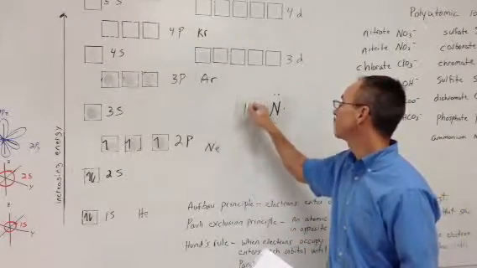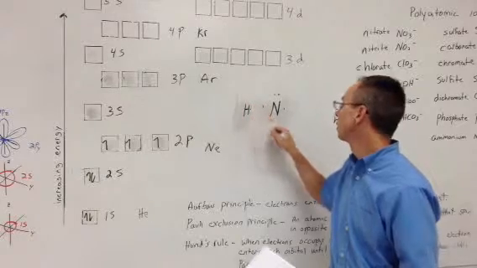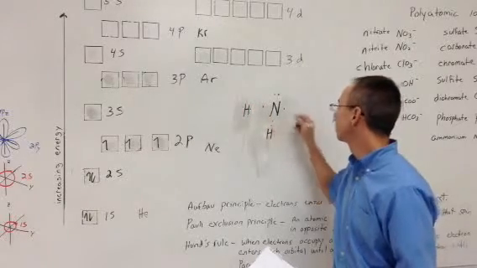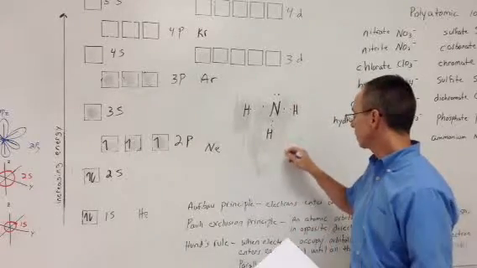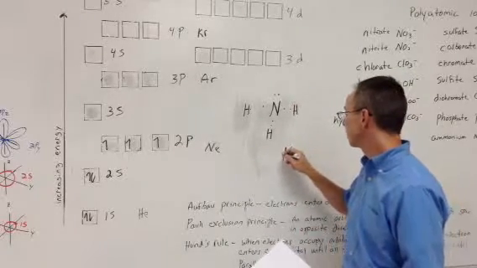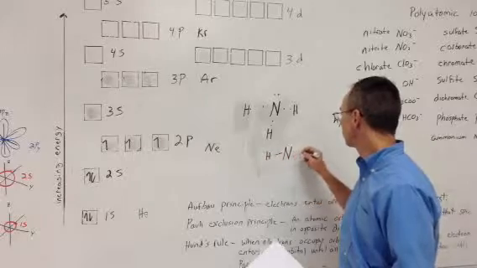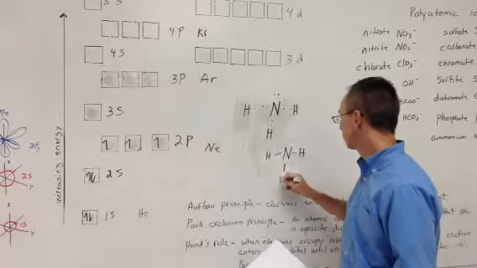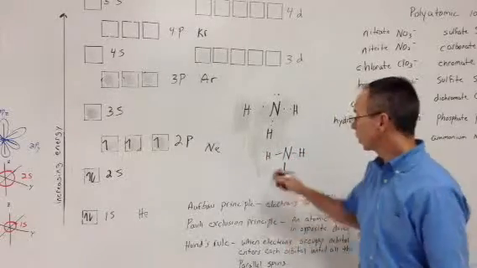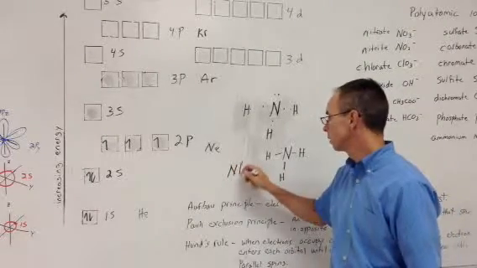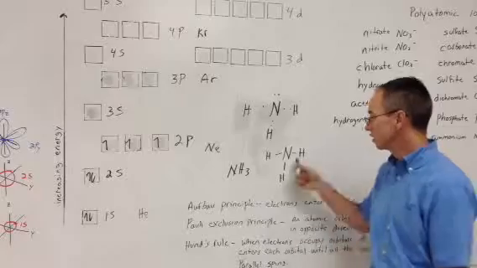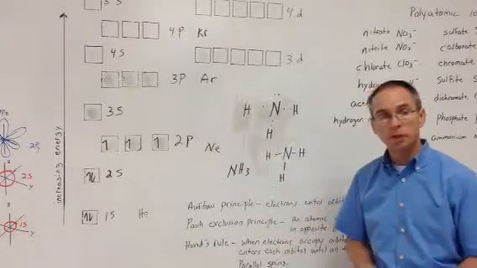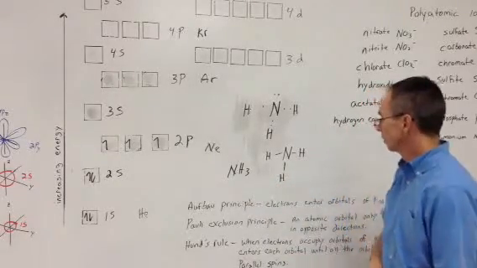Okay, so I'll put a hydrogen here, a hydrogen here, and a hydrogen here. Or I could draw it like this. Or I could just write it like this. It all means the same thing. It's just nitrogen covalently bonded to 3 hydrogens.